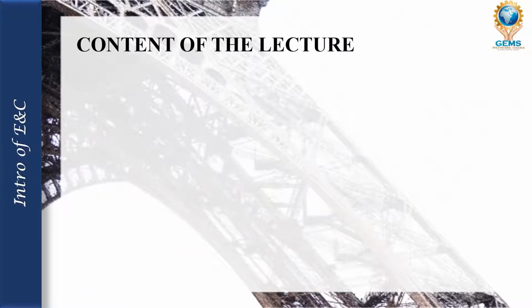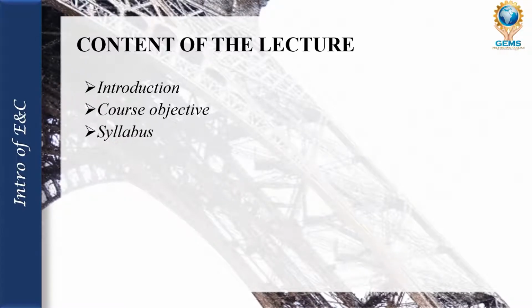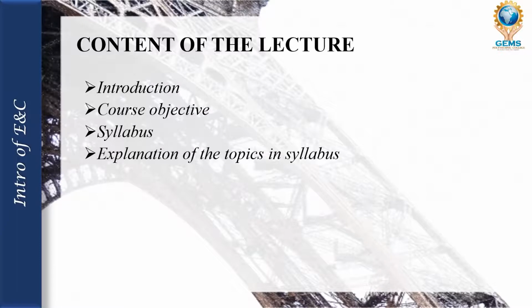So the content of the lecture are: first, introduction about estimating and costing. Then the course objective. Then the syllabus as well, SBTE, Bihar, and explanation of the topics in the syllabus.